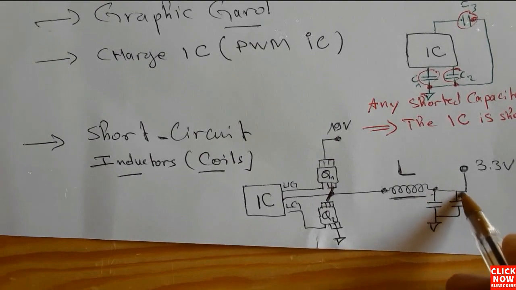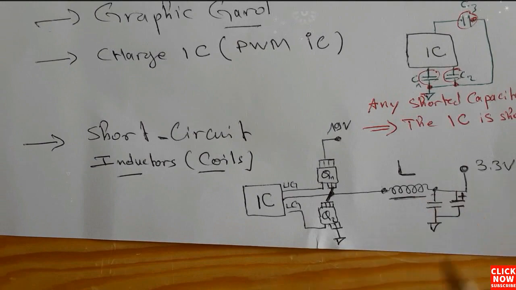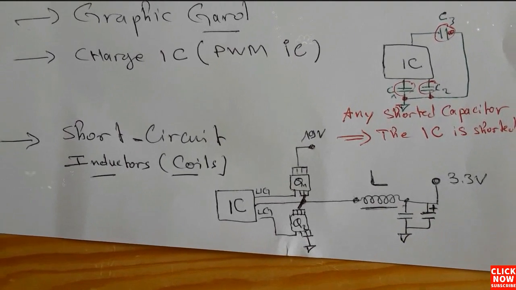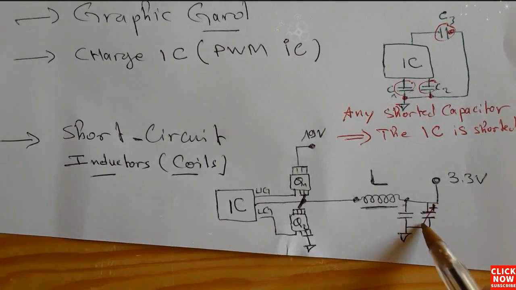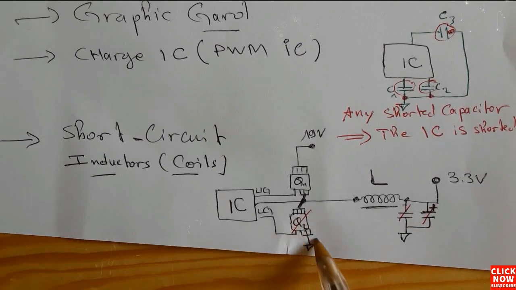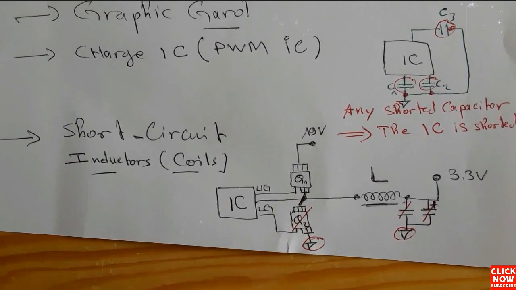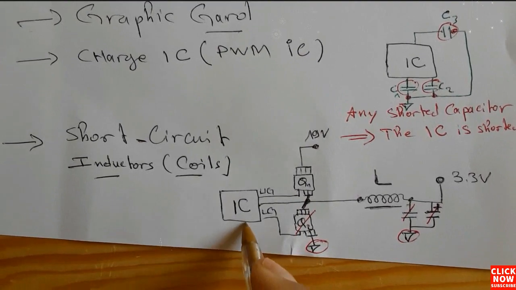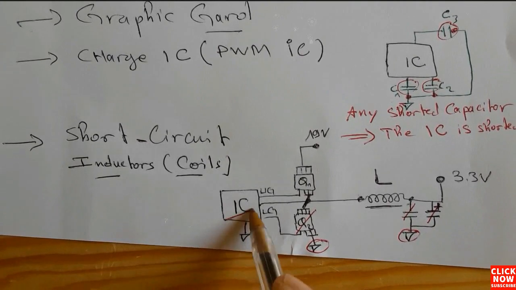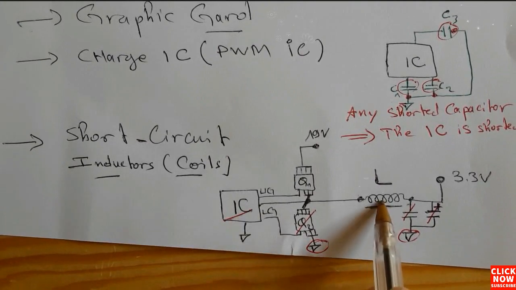Here basically we have some filtering capacitors. As you can see, we have two capacitors, one ceramic capacitor and the other a polarized capacitor, or electrolytic capacitor. So if you get any short here, it means automatically that one of these ceramic capacitors is shorted, or the MOSFET is shorted, or the IC is shorted.